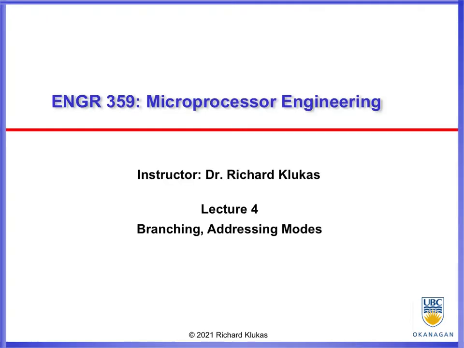All right, so let's move on to lecture notes 4, where we're going to talk about branching and a very important topic called addressing modes. Again, we're going to be dealing with what I call generic assembly language. We're going to be looking at some code that's not for any particular processor.